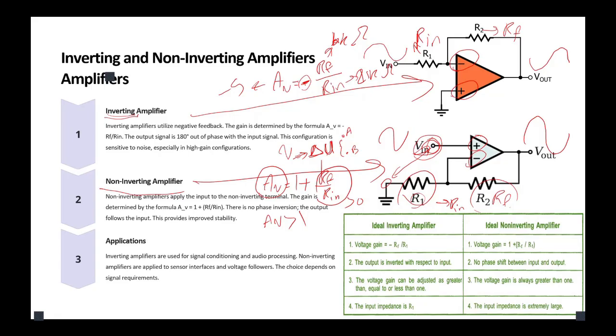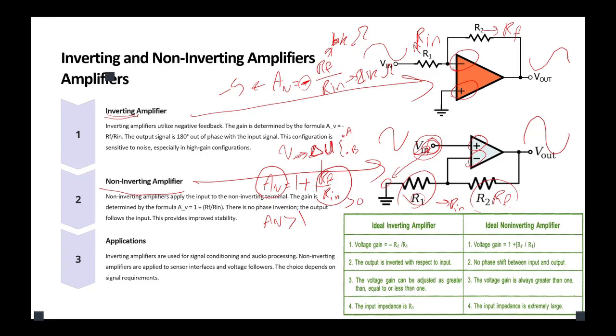Now that we basically covered the theory, let's talk about some applications of amplifiers in the real world. Inverting amplifier applications are great for signal conditioning, meaning removing offsets or scaling a signal, and analog computation, like summing or subtracting signals in a circuit.